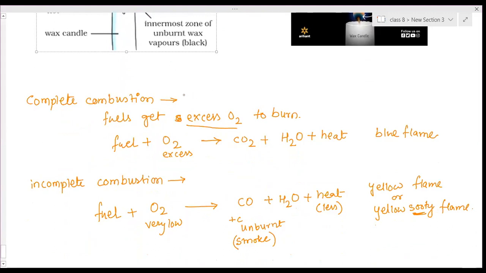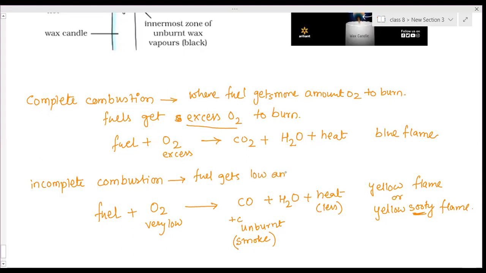Complete combustion is where fuel gets more oxygen to burn, and in incomplete combustion the fuel gets a low amount of oxygen to burn.